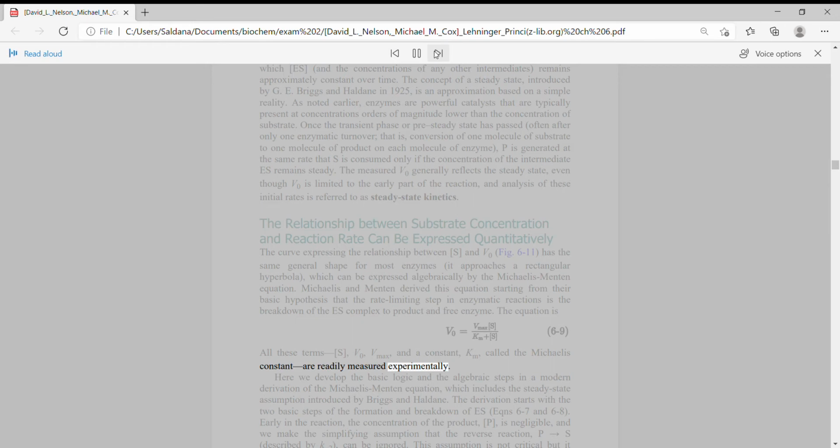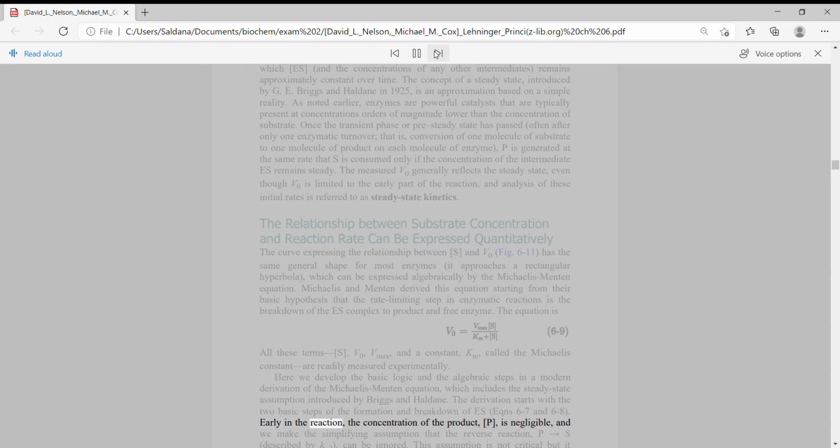experimentally. Here we develop the basic logic and the algebraic steps in a modern derivation of the Michaelis-Menten equation, which includes the steady-state assumption introduced by Briggs and Haldane. The derivation starts with the two basic steps of the formation and breakdown of ES, Eqns 6-7 and 6-8.